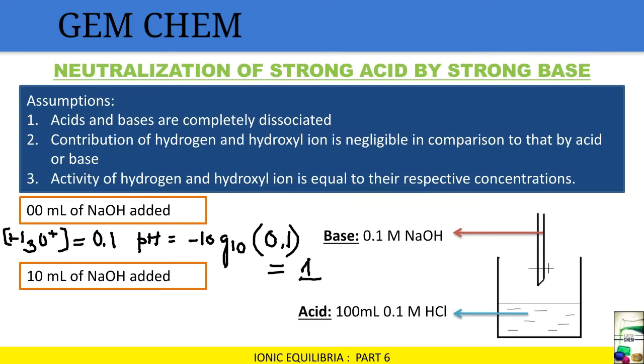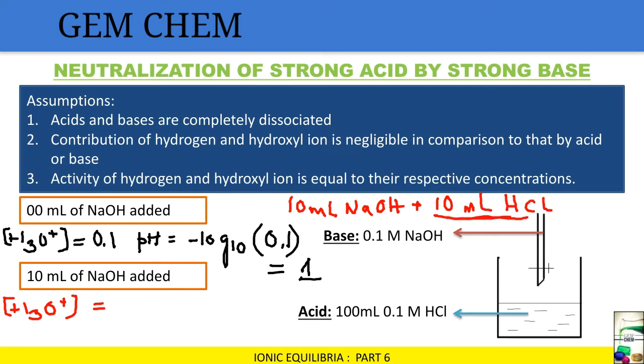When 10 ml of NaOH is added, what happens? Let us see. The H3O+ concentration decreases, because 10 ml of NaOH reacts with 10 ml of HCl and neutralizes it completely. So now there is a shortage of 10 ml of HCl. We get the concentration of H3O+ as (100 minus 10) into 0.1 divided by the total volume.